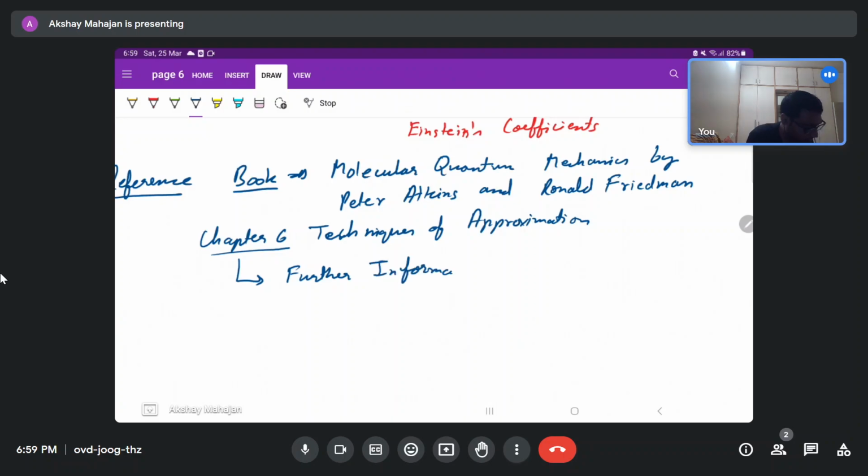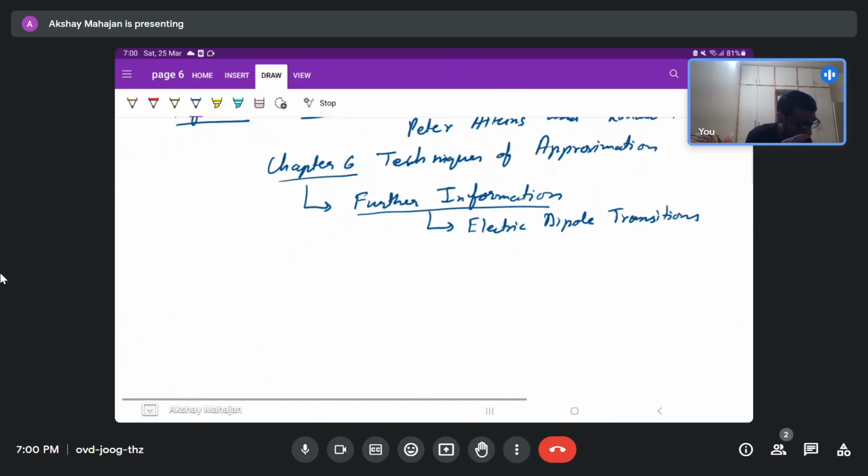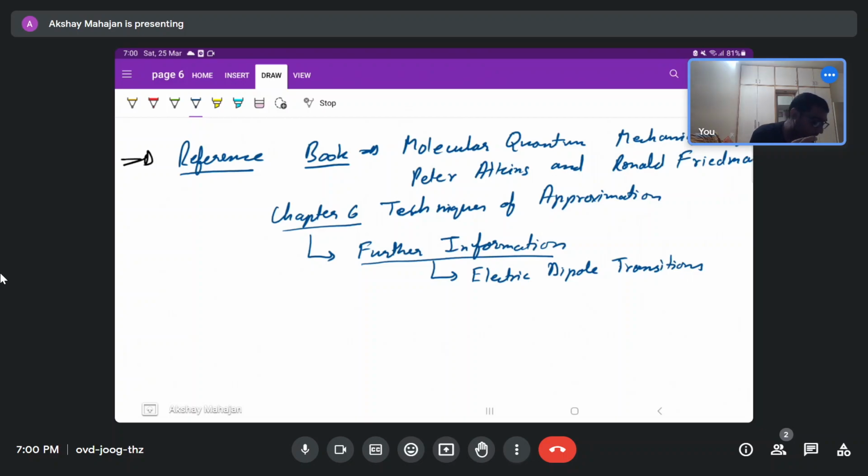I will provide the formula, but you can refer to this book's further information, on electric dipole transitions, to understand where this type of formula comes from. Please refer to that section for the formula I am going to use, other than the formulas we already know and just discussed.